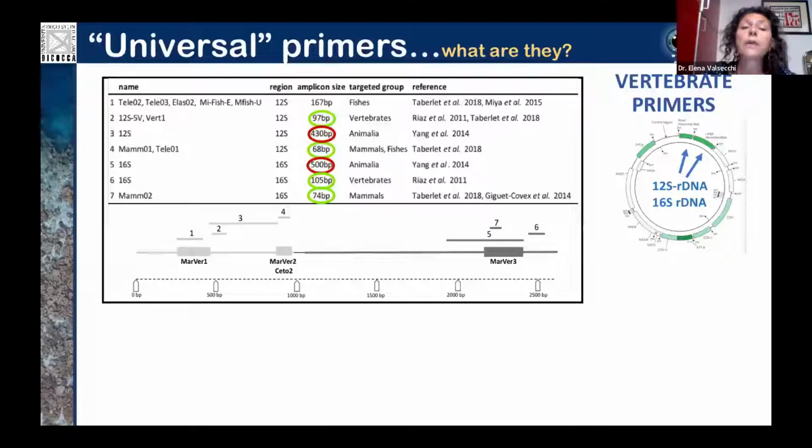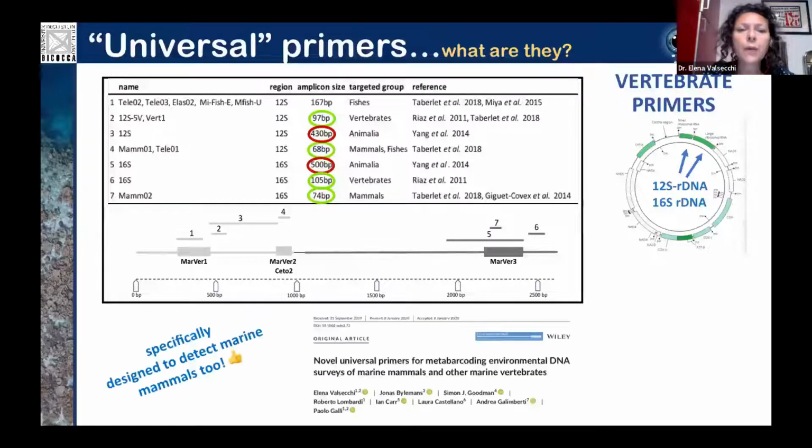Now, both these conditions are undesirable when working with environmental DNA. A too small fragment means you don't have enough room to accumulate variability, and therefore you might not be able to resolve at the species level, while too large fragments are not suitable for working with environmental DNA, which often is very degraded, and therefore you find only small pieces.